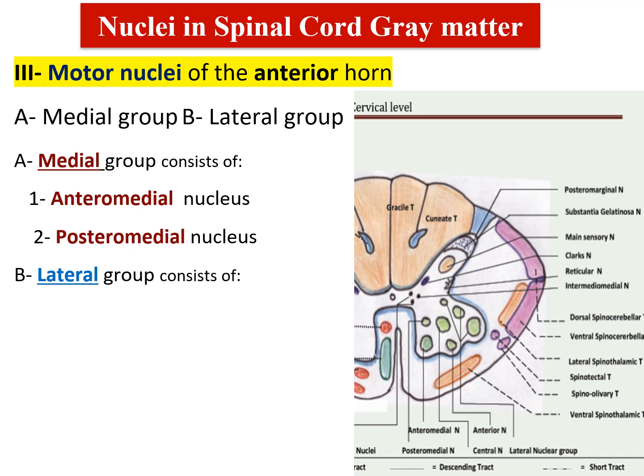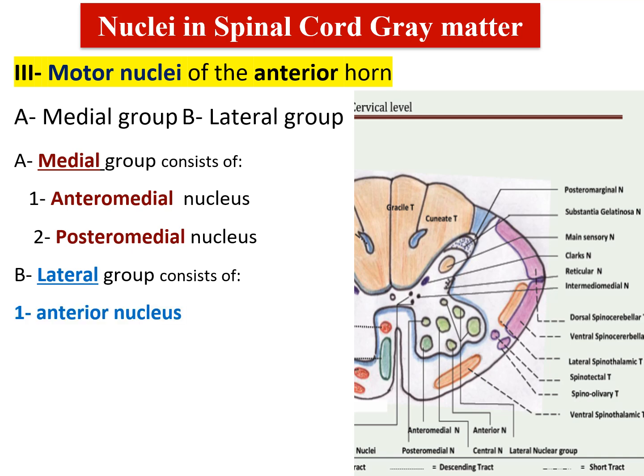So, on the diagram here, on the anterior horn, I can see that the medial group is formed of two nuclei, one which is present anteriorly and on the medial aspect of the anterior horn, which is called anteromedial, and the opposite one present posteriorly and also on the medial aspect, which is called the posteromedial nucleus.